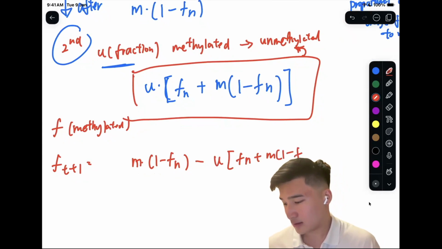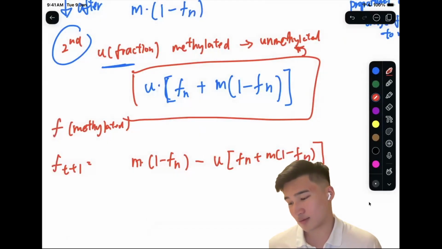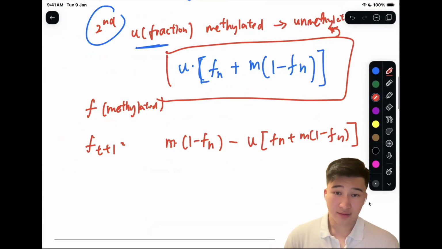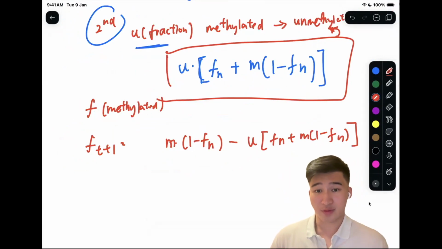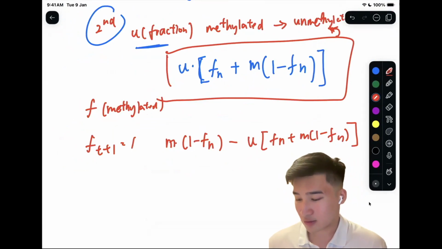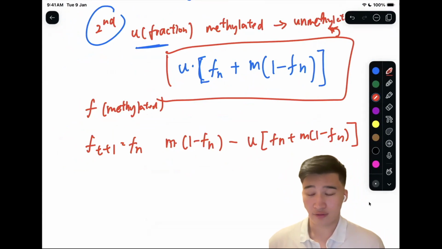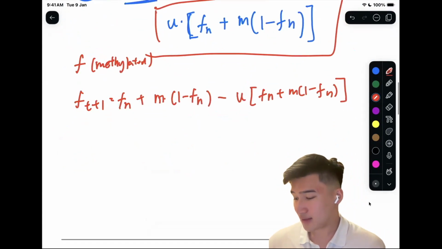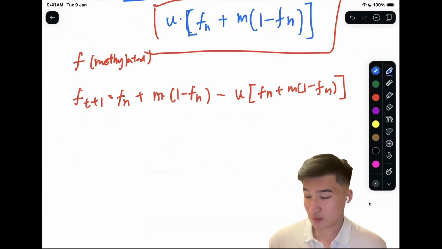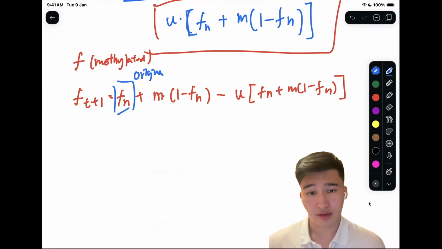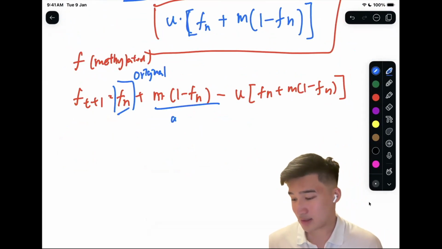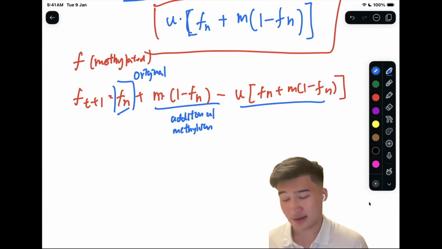It's a long string of text, I know. And then we might be forgetting something. Yes, we are forgetting the original proportion of the methylated DNA. And the reason why I'm adding this is because, look at this: this is the original, and this is the additional methylation, and this is the reversal, right?